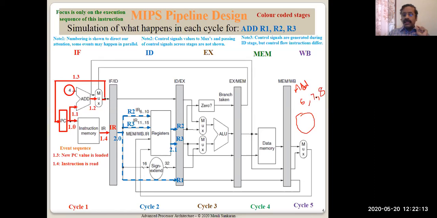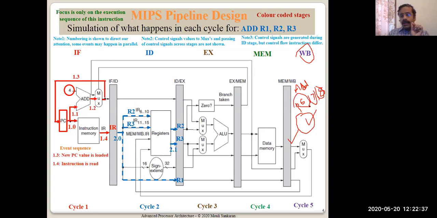It was this instruction which was here and moved here and then it has come here. It is now in the write back stage. That means the result which was computed by adding R7 and R8, which is available here, I will show you later on as we proceed.